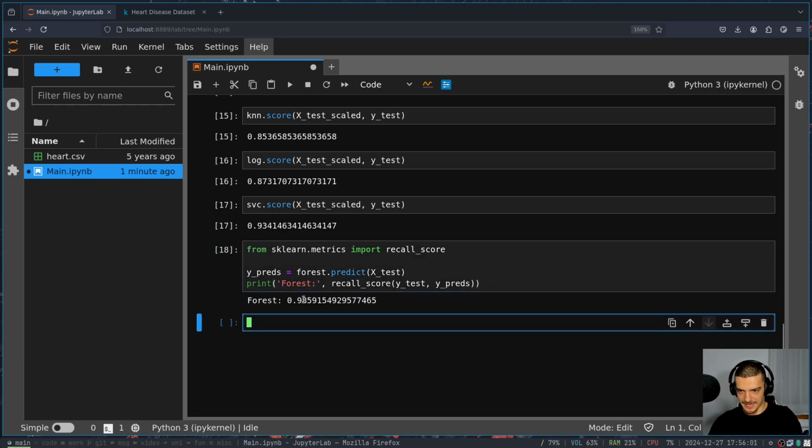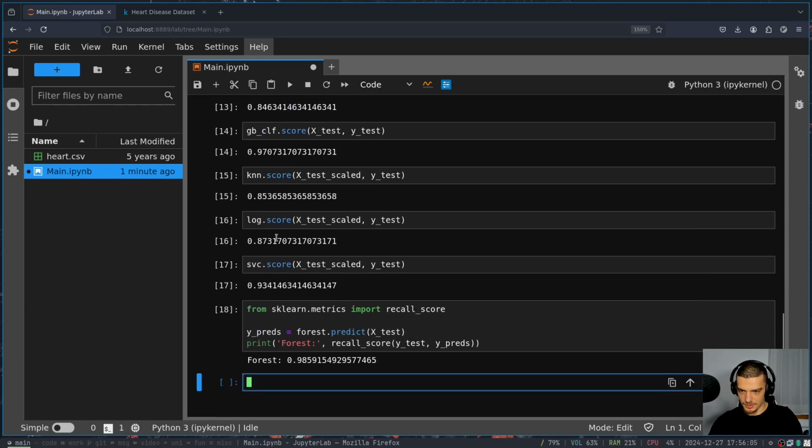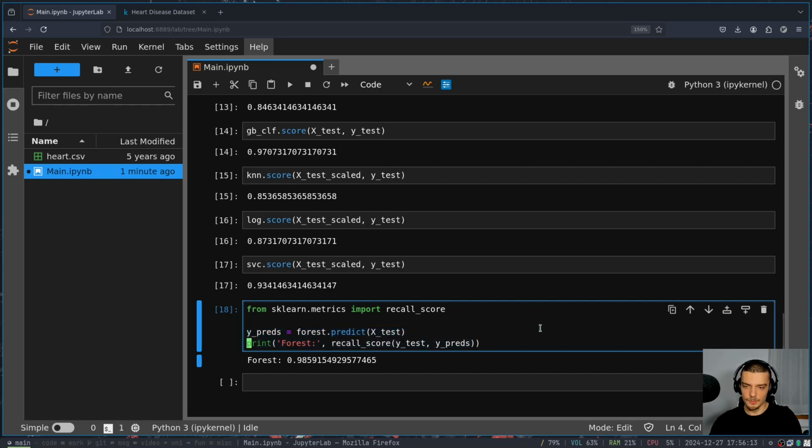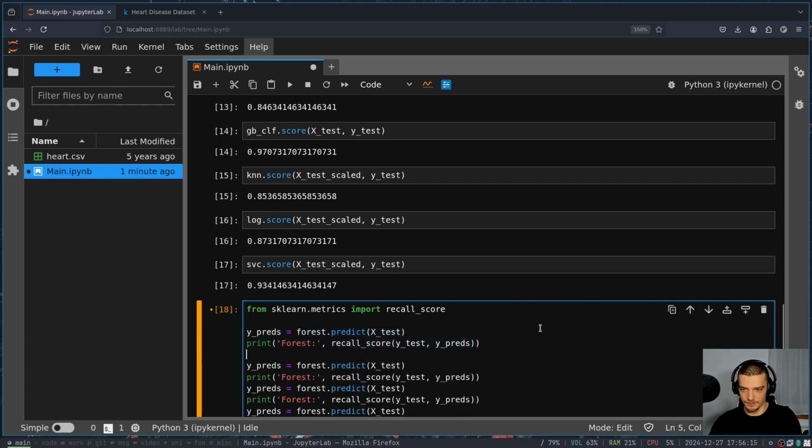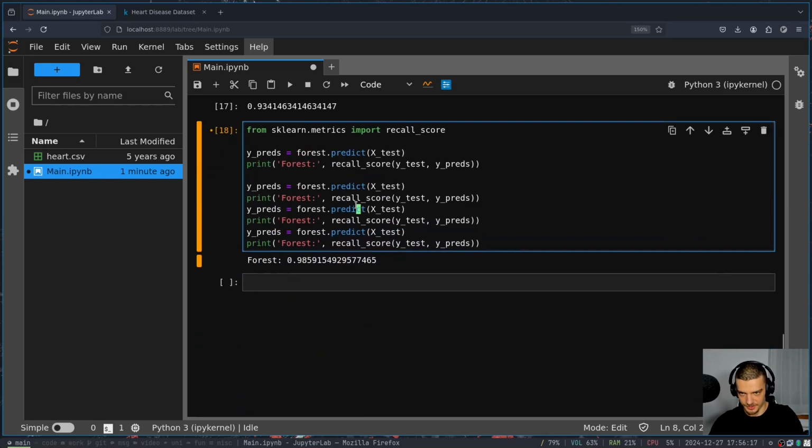So in this case, we would have a recall of, actually, no, it's not the same, but it's quite similar to the accuracy. We're going to copy it, actually I should only copy 2 times.